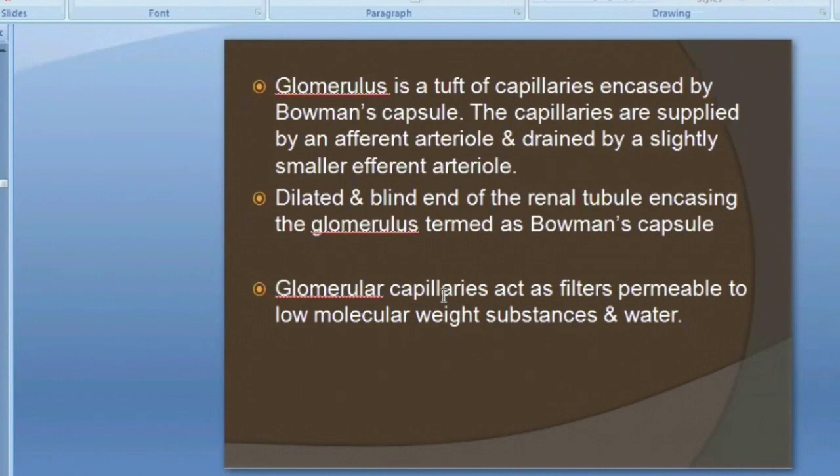But in the kidney, their function is filtration. So the main function of the glomerular capillaries is filtration. Filtration of what? Filtration of plasma.